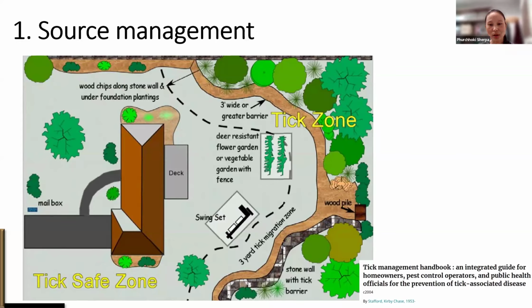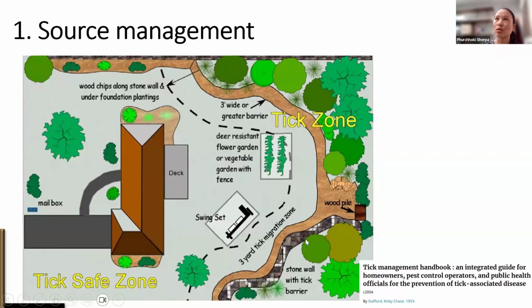So this picture is from a tick management handbook written by one of the tick experts in the nation. And what this picture shows is, if you're in the wooded areas, if you have wood piles, always move them away from the house and create this wood chip barrier from the wooded areas to your residential area.